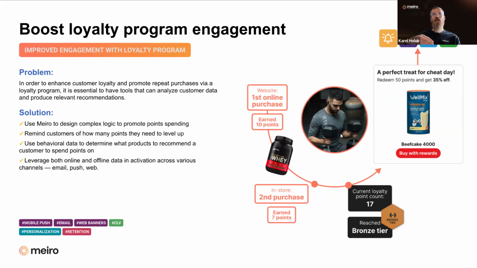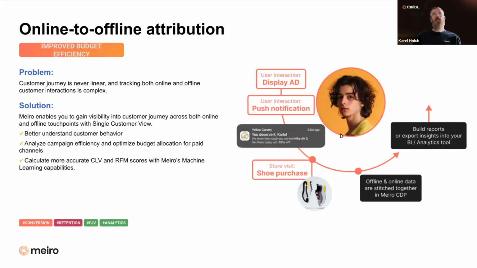So if they are just a few points short of getting to the next loyalty level, of course, we can try to push them to another purchase when they earn those extra 5, 7, 2000 points and they get a platinum loyalty level.